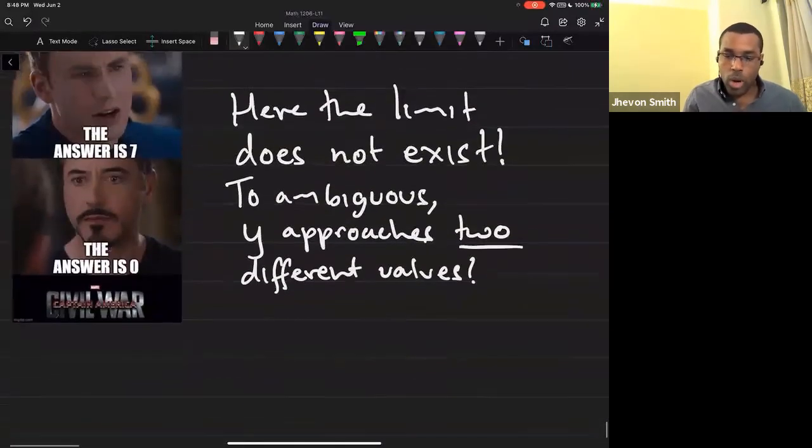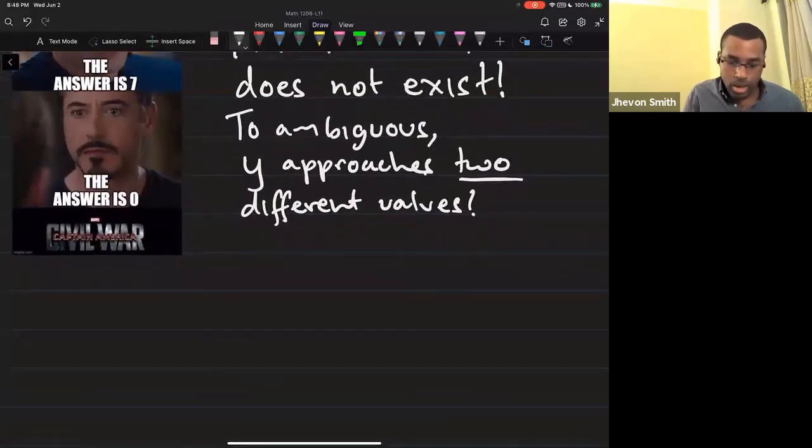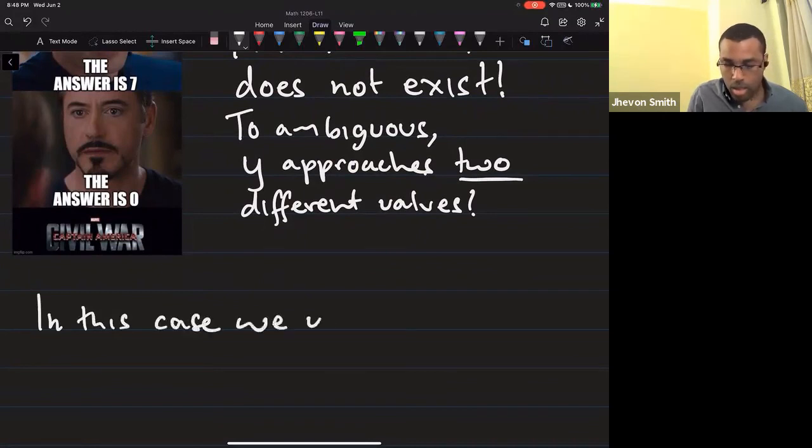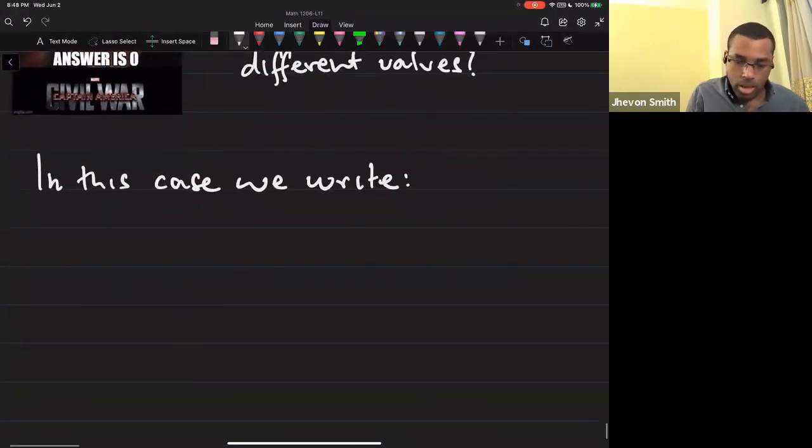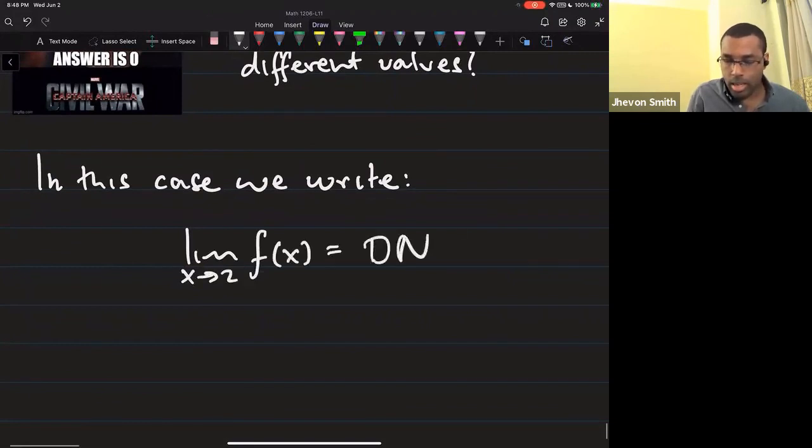Right? So whenever that happens, in this case, we write the limit as x approaches 2 of f of x, I say DNE, and that stands for does not exist.